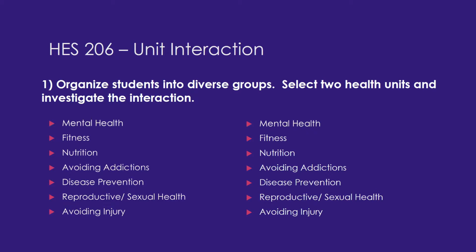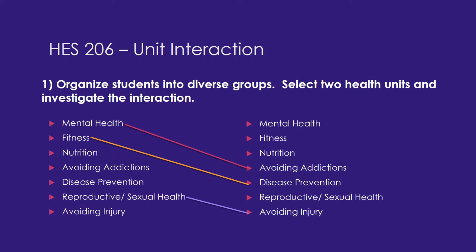So maybe these are my 7 basic units within personal health and wellness, and they're going to pick, say, the interaction between mental health and avoiding addictions. Maybe another group looks at fitness and disease prevention. Maybe another group looks at reproductive and sexual health and how to avoid injuries.